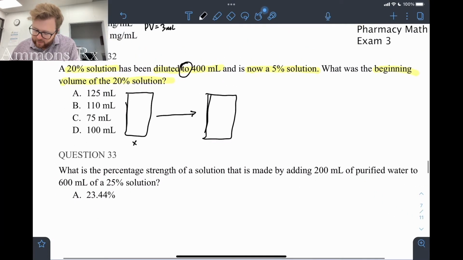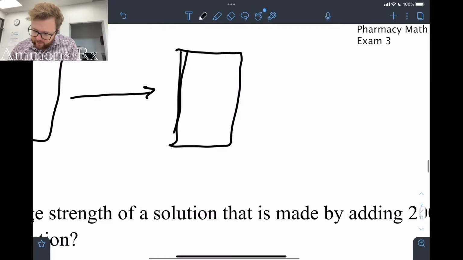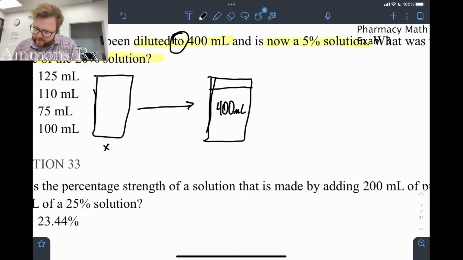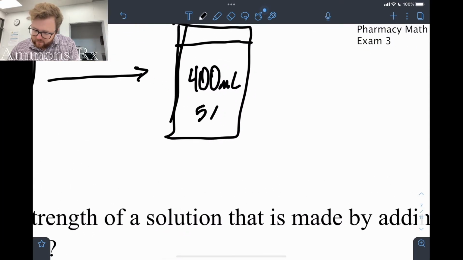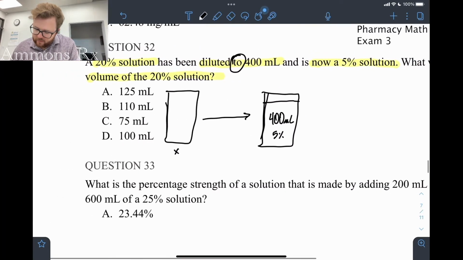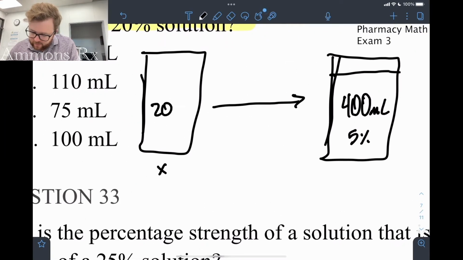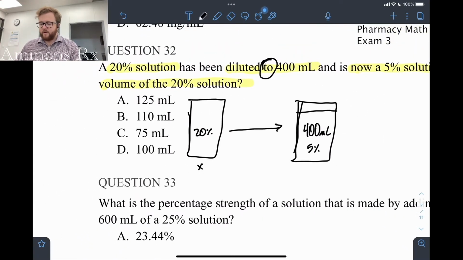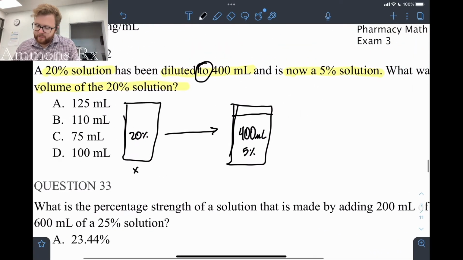Okay. So its current volume is 400 mils. Okay. It's now a 5%. It originally was 20%, but you need to know how many mils it was in the beginning.